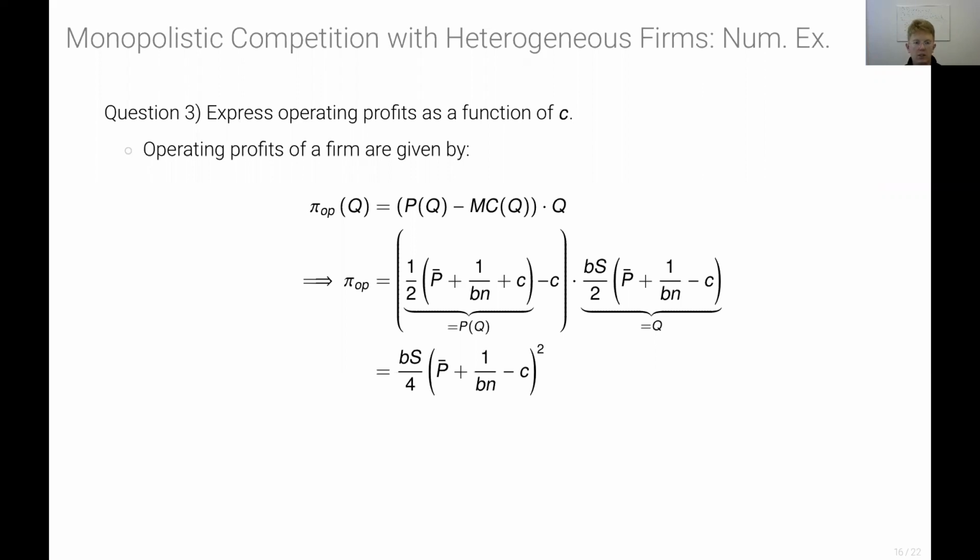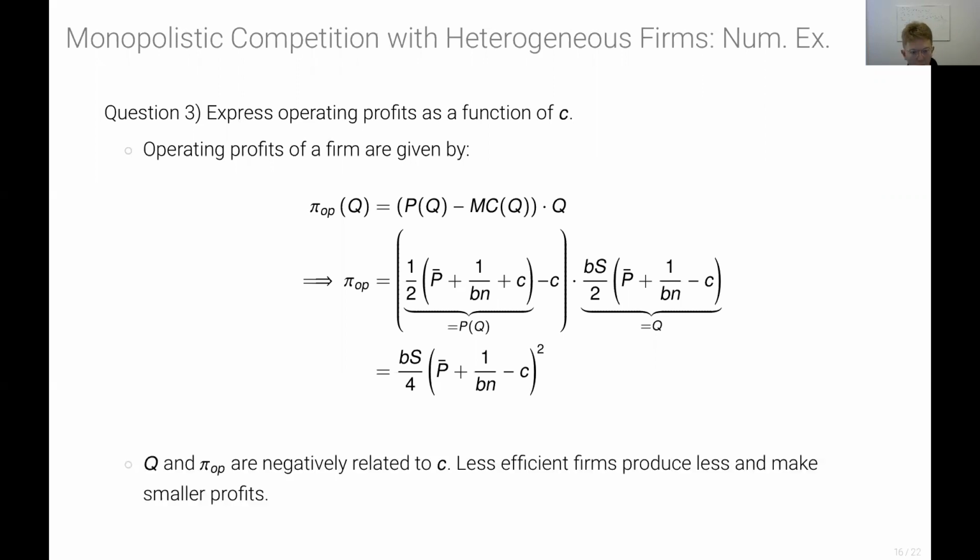Again, it's just saying that if operating profits are given by (P minus marginal cost) times Q, then we've just plugged in for P, MC, and the quantity, and it turns out that will give us our result.